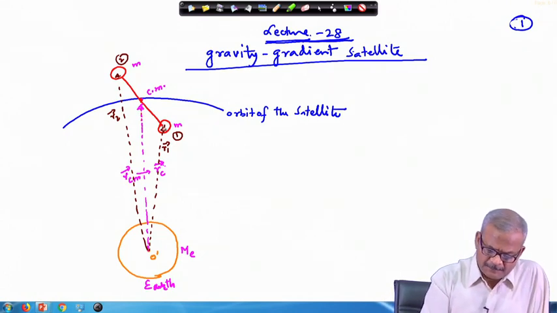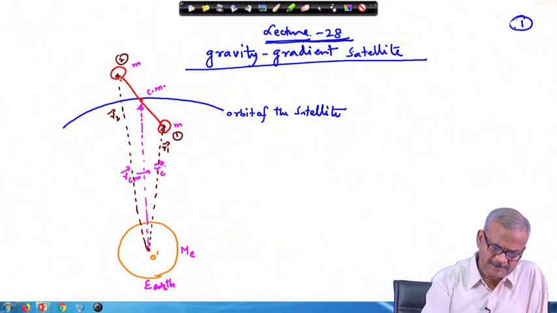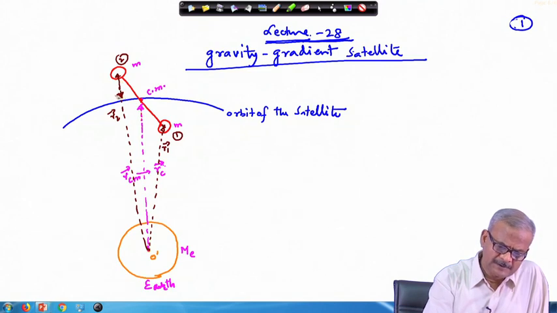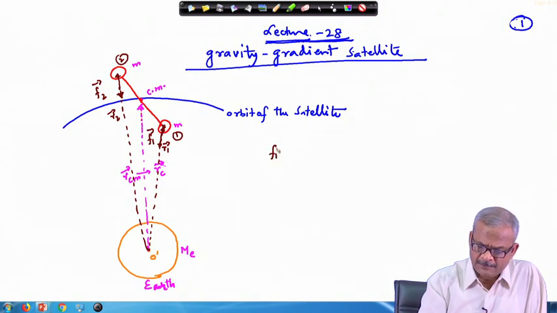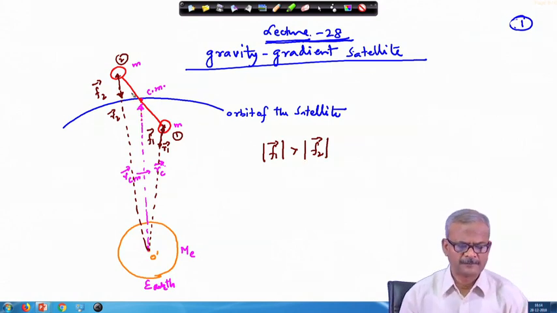Obviously, this distance from the center of the earth is less and this distance is more, and therefore the force acting on this particular mass in this direction we can write as F 2, and along this direction as F 1. So the magnitude of F 1 is greater than F 2 for this particular configuration.